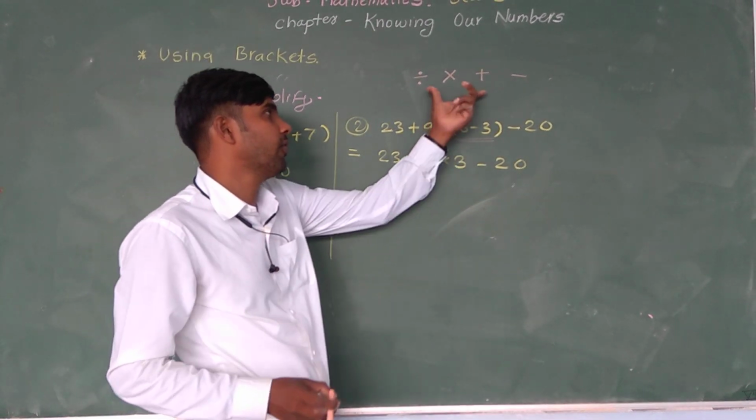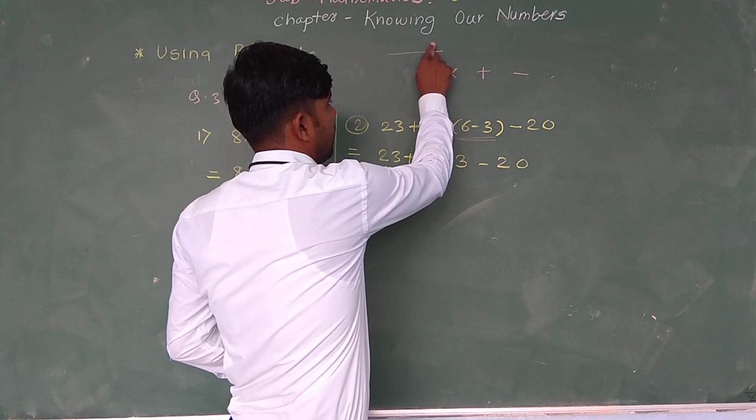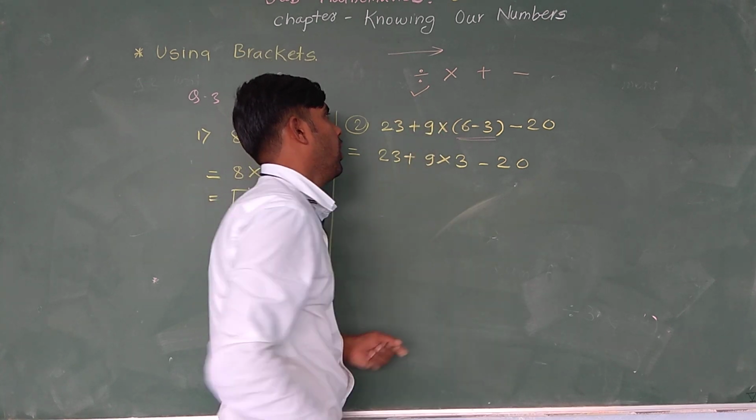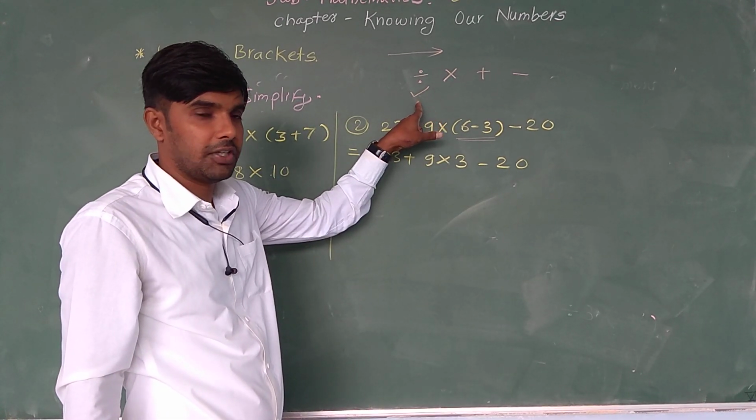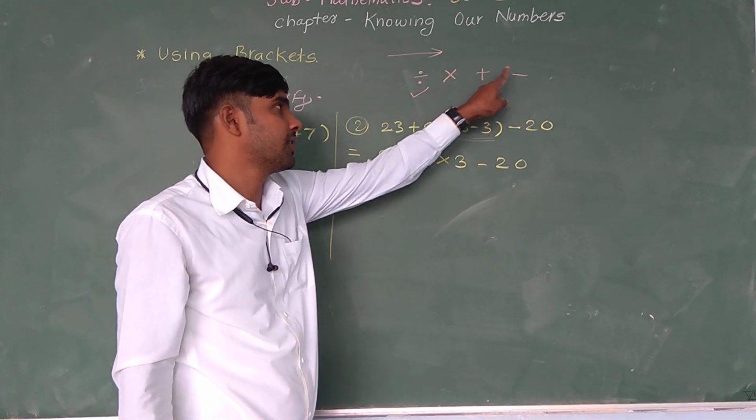Okay, these are the 4 arithmetic operations. And precedence means priority. You have to first solve what? Division. If there is division, you have to solve division first, then multiplication, then addition and then subtraction.